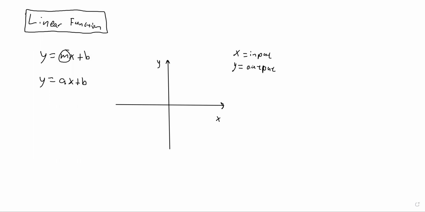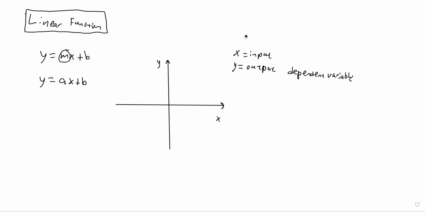And if you're into science, then you can look at it this way. y is the dependent variable. Actually, no, it's the independent variable. No, it is dependent. Never mind.